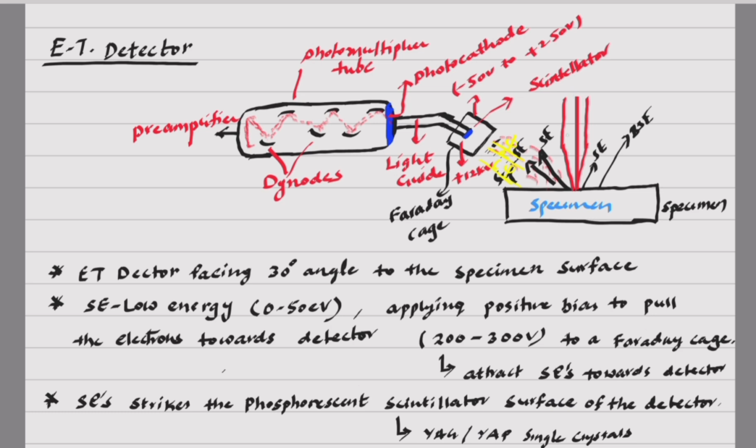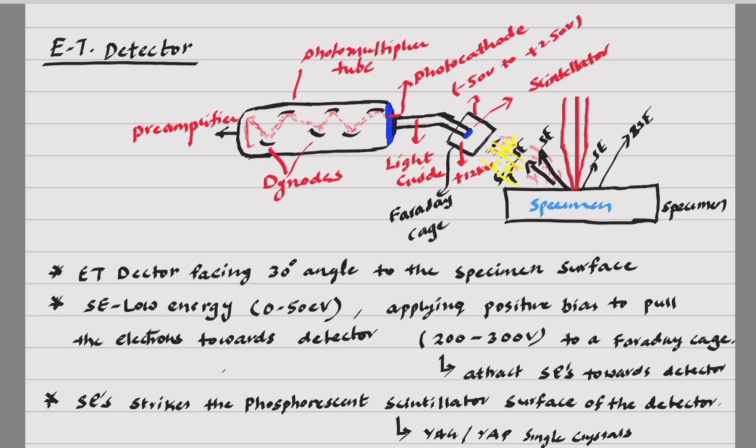Once the electron beam interacts with the specimen, different kinds of electron signals are generated. Among them, secondary electrons and BSE electrons are most commonly used for imaging purposes, and X-rays are also there, which are used for chemical analysis. Secondary electrons are more commonly detected by this ET detector.